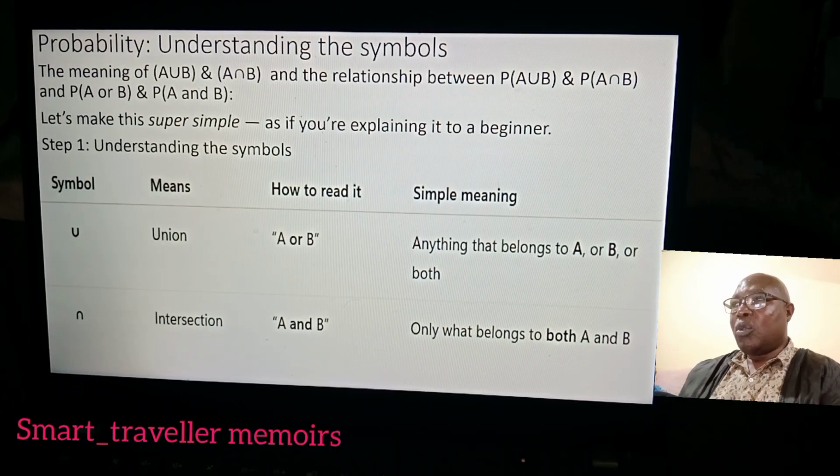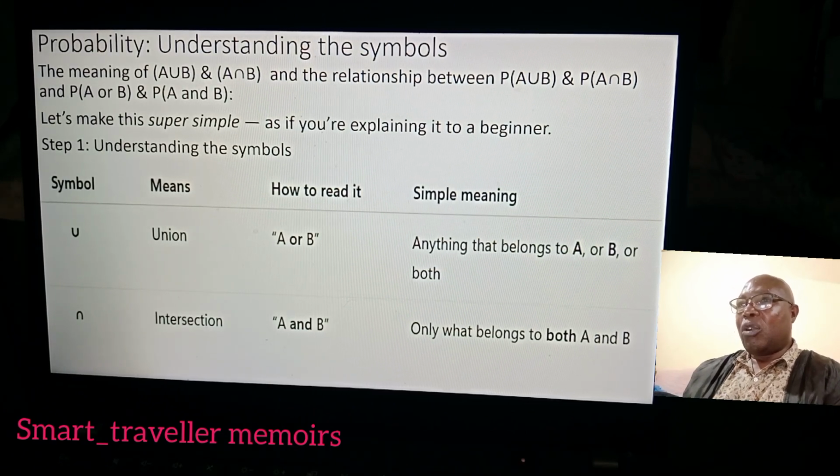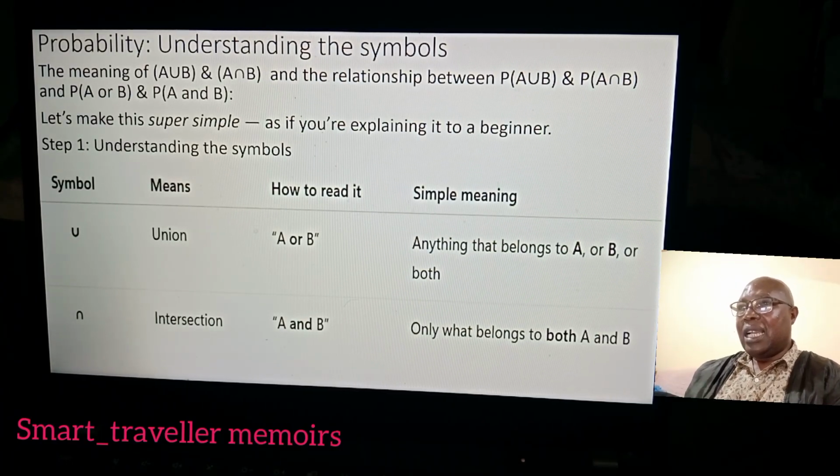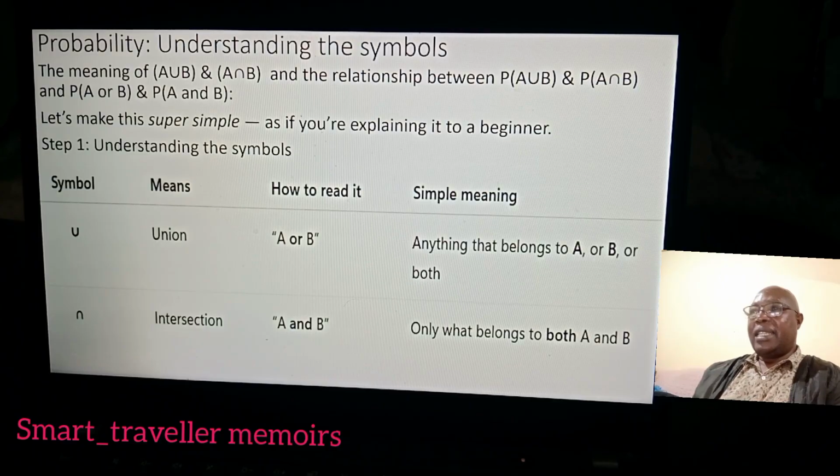So we want to find out whether the probability of A union B and the probability of A or B are related, and the probability of A intersection B and P(A and B) are related.